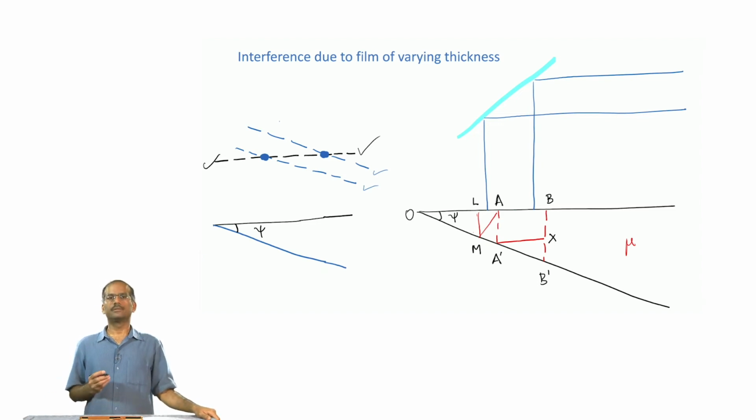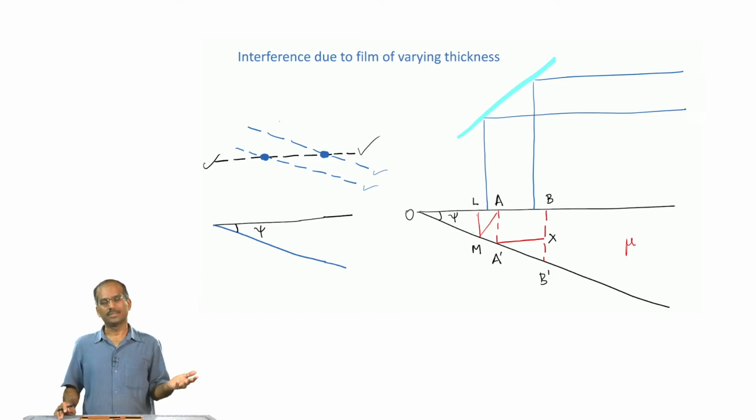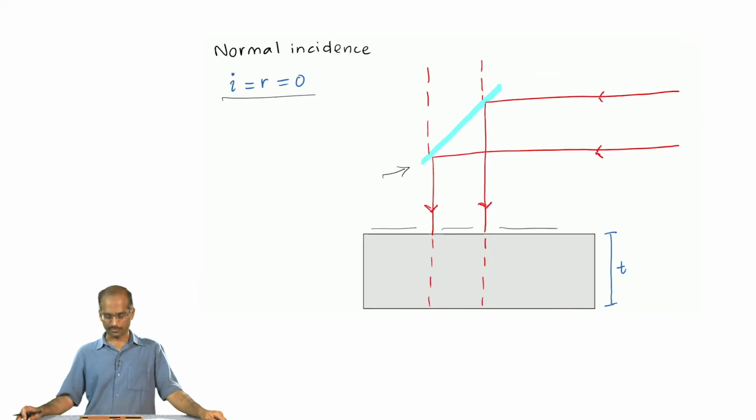Depending on the value of thickness in the region that we are seeing, we will either see a dark or a bright fringe, and depending on the thickness again, we will see that the fringes have equal thickness.